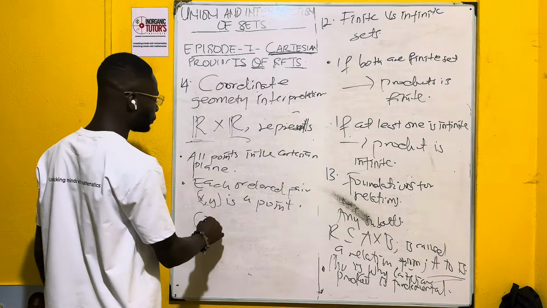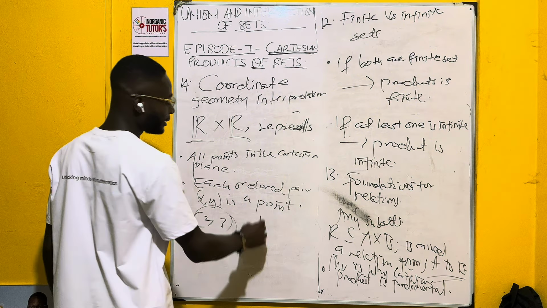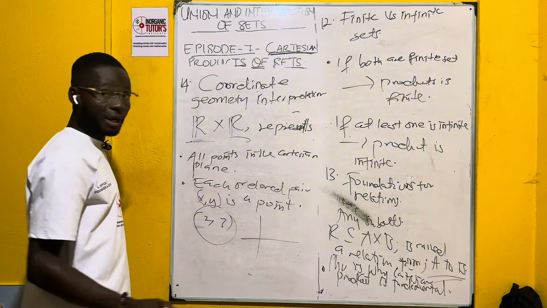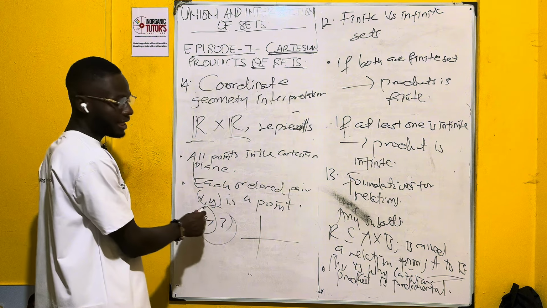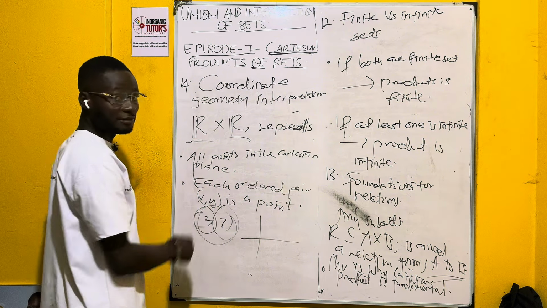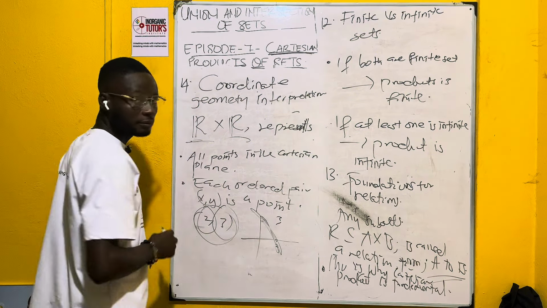So let's say that you have 2 and 3. This is an ordered pair, and it is a point. Ordered pair means that this is strictly for X, this is strictly for Y. So on X, we have 2, on Y, we have 3. So this is the point.